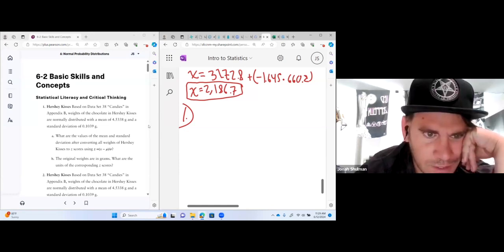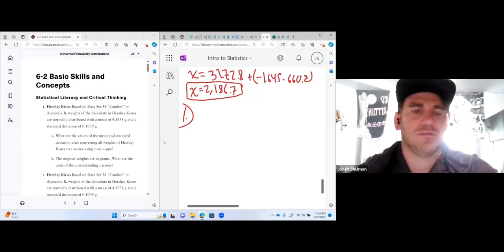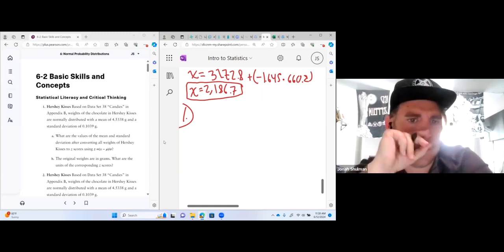What are the values of the mean and standard deviation after converting all weights into Z-scores? And what are the original weights in grams using those Z-scores?